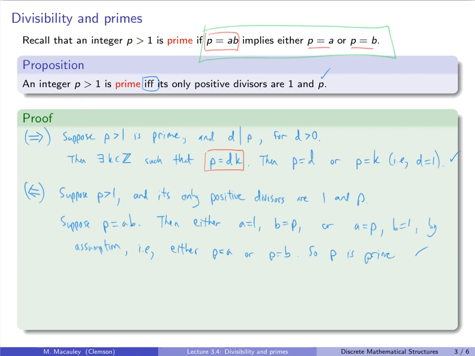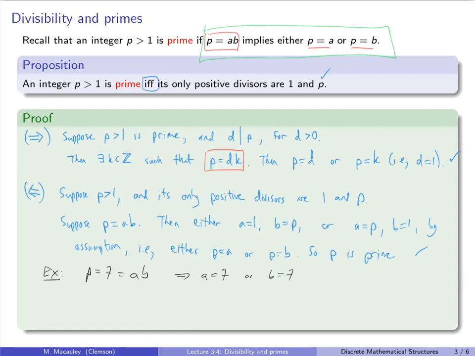And just to hammer home this definition, which seems a little more contrived than this one, but I think it's probably mathematically cleaner. This is easier to understand. Let me do an example and a non-example. So, first example, if p equals 7, then anytime we write 7 equals a times b, I hope you agree that either a equals 7 or b equals 7.